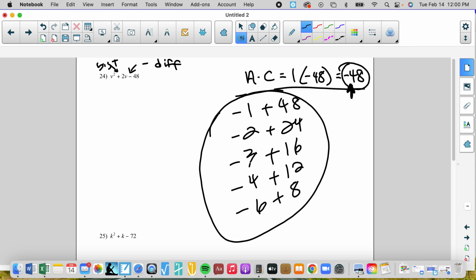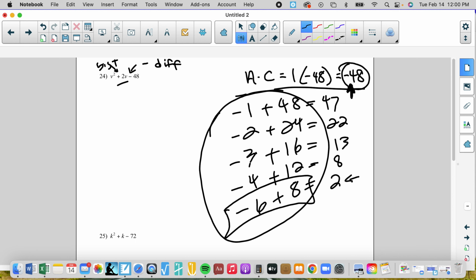And then the sum of these will always equal, we're testing, will be my middle. So I get 47, I get 22, I get 13, I get 8, and I get 2. And 2 is my middle, so I know that negative 6 and 8 end up being my outside and inside.